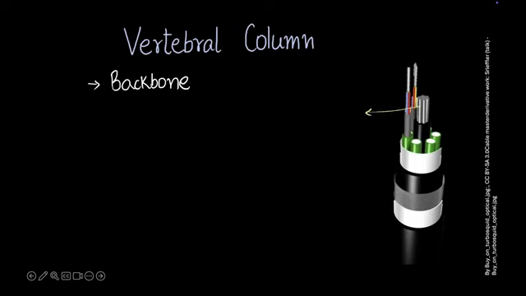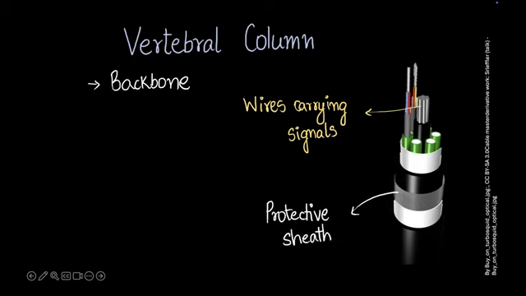This part of the wire is the part that carries our data or carries current. And this outer part is a protective sheath that ensures the wires carrying the signals don't get harmed or cut. The vertebral column is very similar to this.